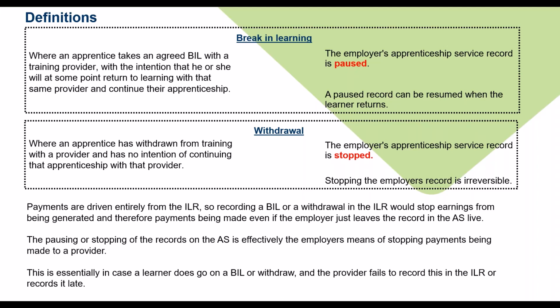The pausing or stopping of the records on the apprenticeship service is effectively the employer's means of stopping payments being made to a training provider. And this is essentially in case a learner goes on a break in learning or a withdrawal and the provider doesn't record that in the ILR or records it late.